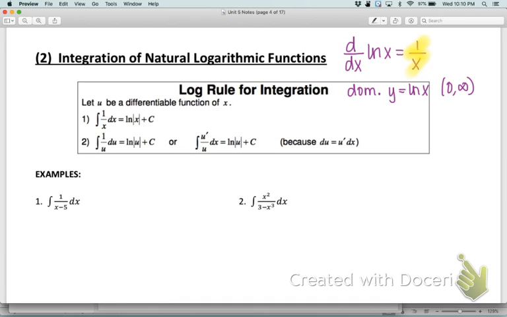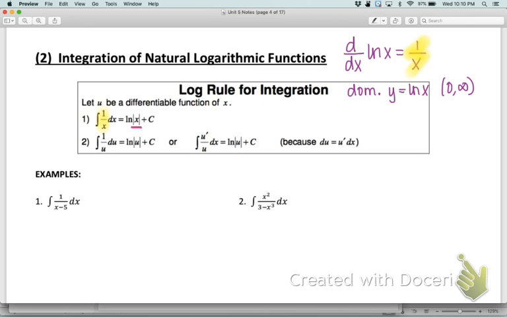What we're looking at is not what the antiderivative of natural log of x is, but when is the antiderivative going to equal the natural log? Well, that would make sense if we work backwards from the derivative rule we learned yesterday. If we take the integral, the antiderivative of 1 over x dx, then what we get is the natural log of the absolute value of x plus c.